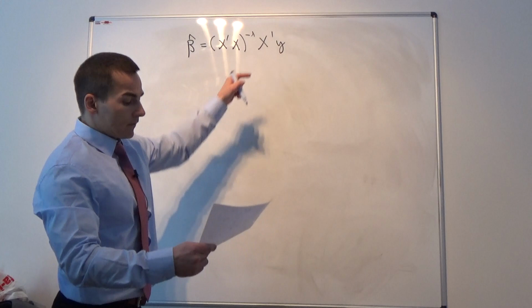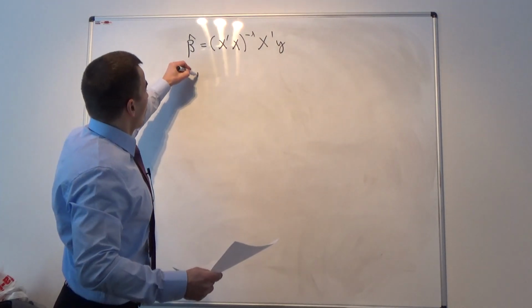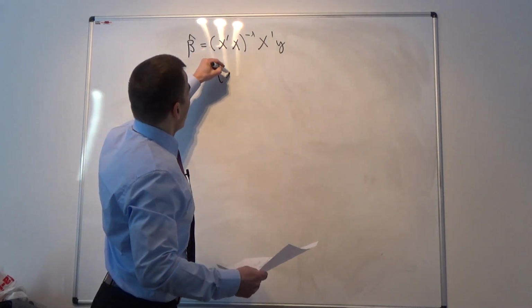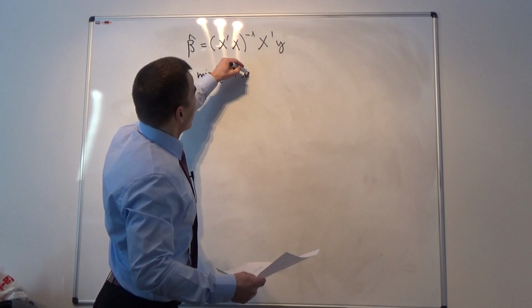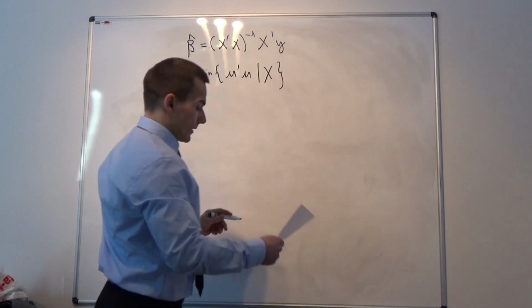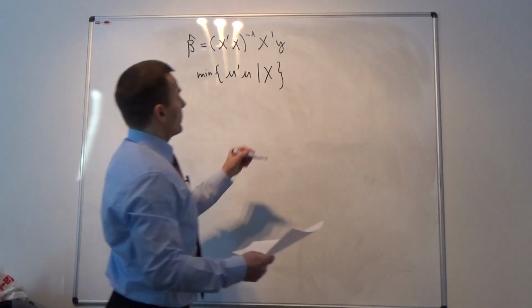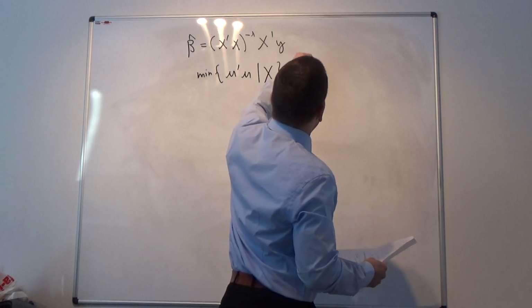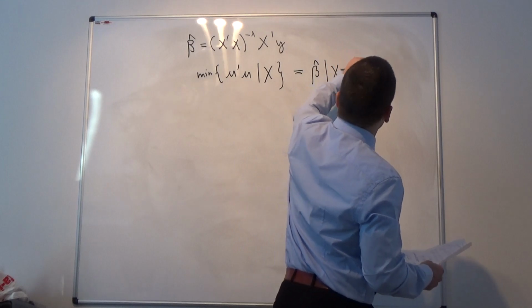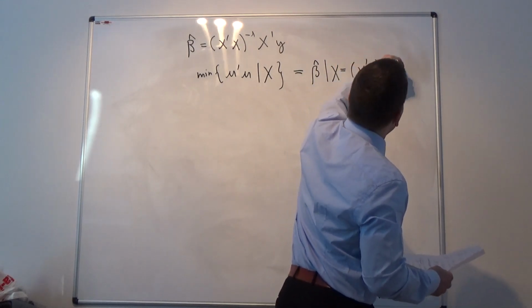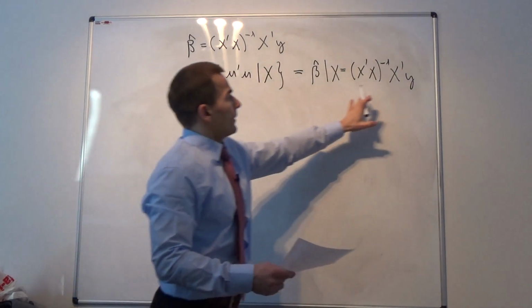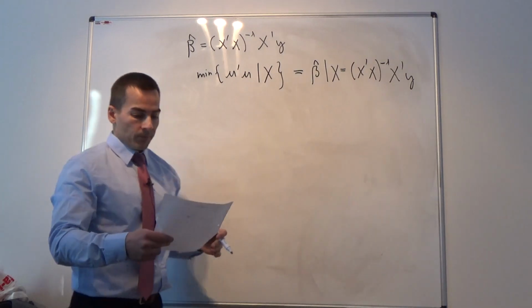If X is random, we can perform the minimization problem of U transposed U conditional on X. And what we'll find is that our beta hat conditional on X is the same: X transposed X inverted times X transposed Y. So obviously the end result does not change.